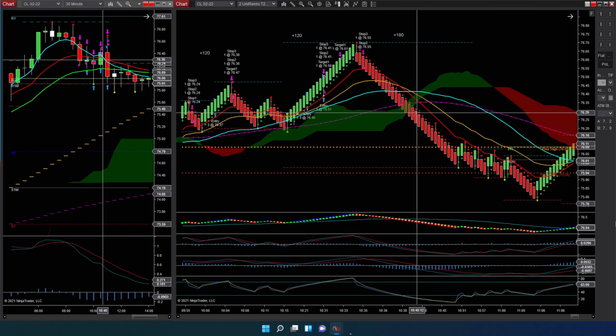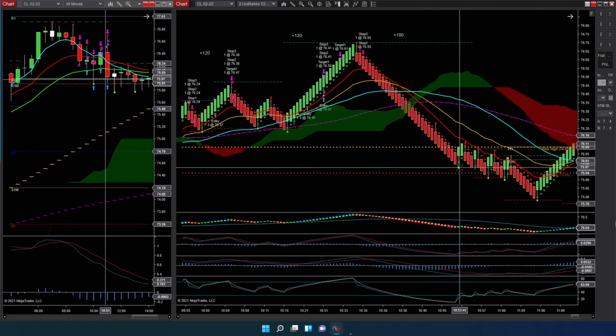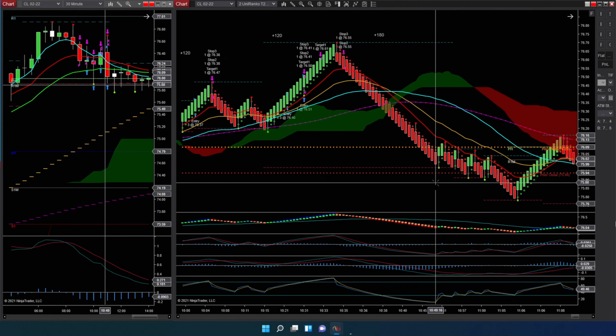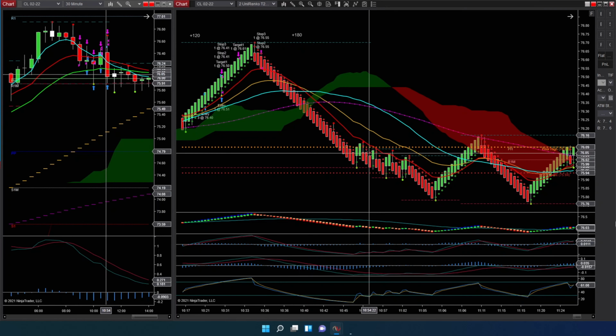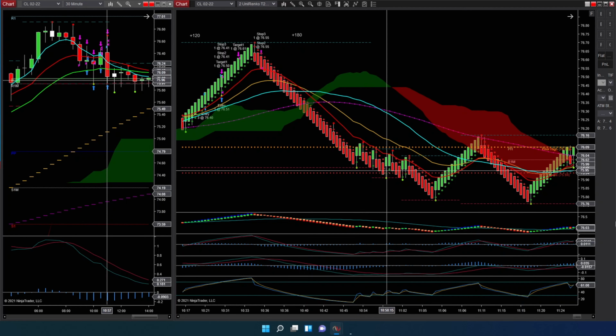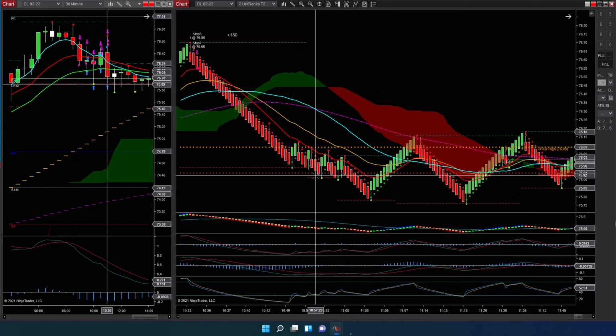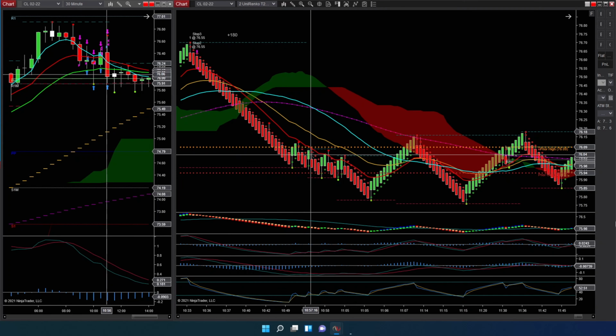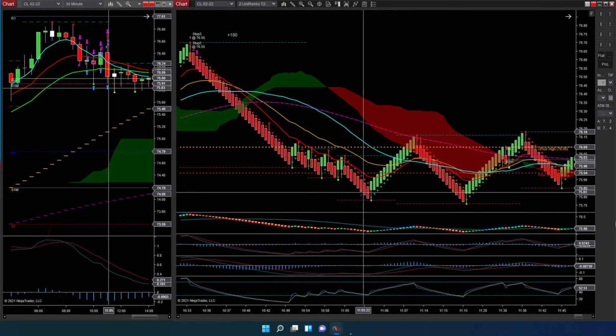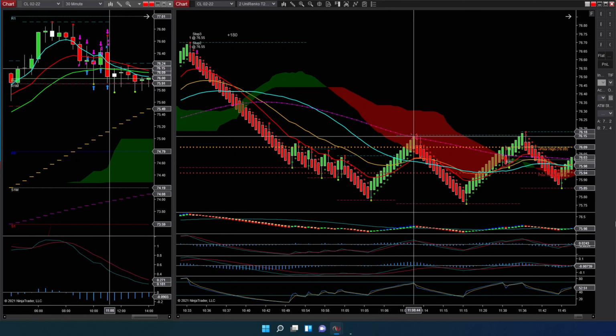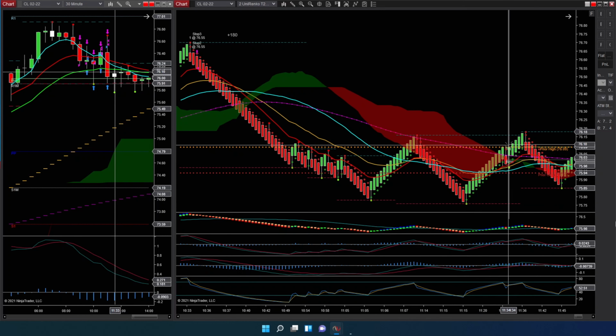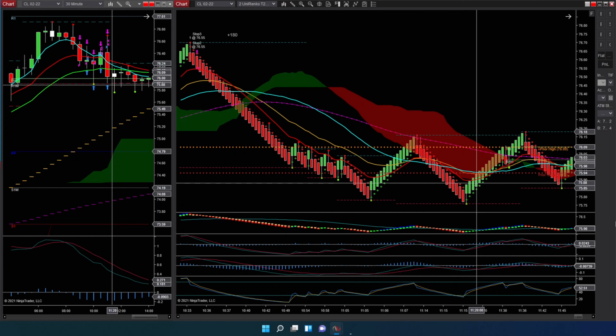It just moves straight back down all the way to that level right here, which was the previous day. Now the market consolidates here, and then it was in the range right here all the way till the end of the day.